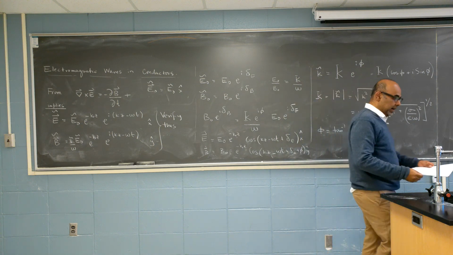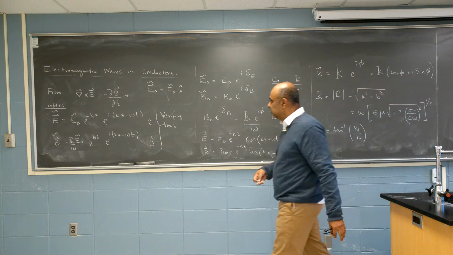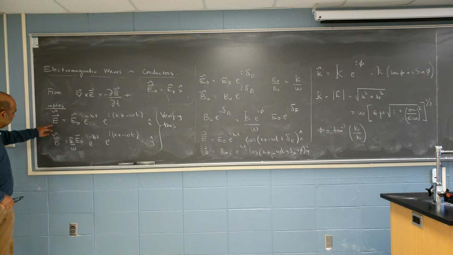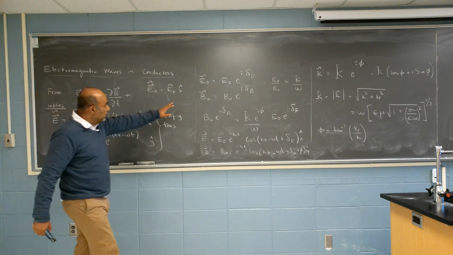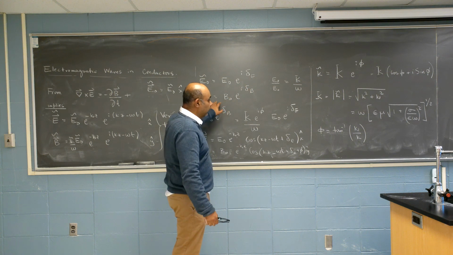I realize I'm just writing this down, but it's just algebra that you have to verify. Let's just quickly take a look to see if this makes sense. First of all, you can see this is how these two are related. So you write the complex number in the Euler formula.